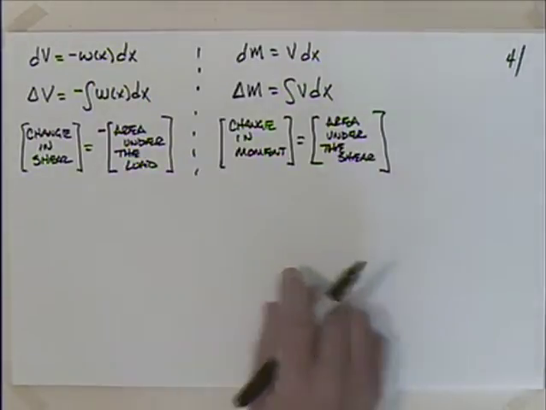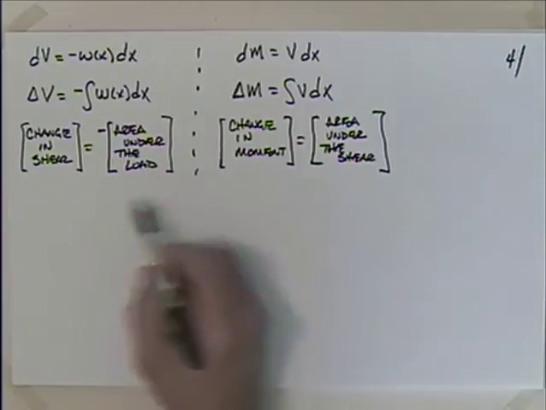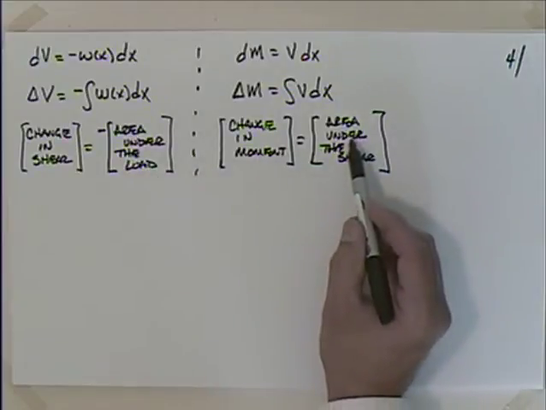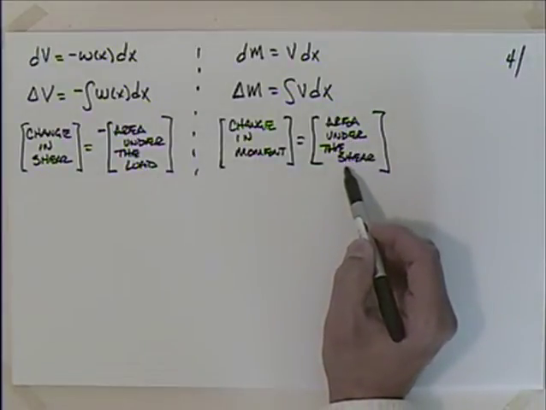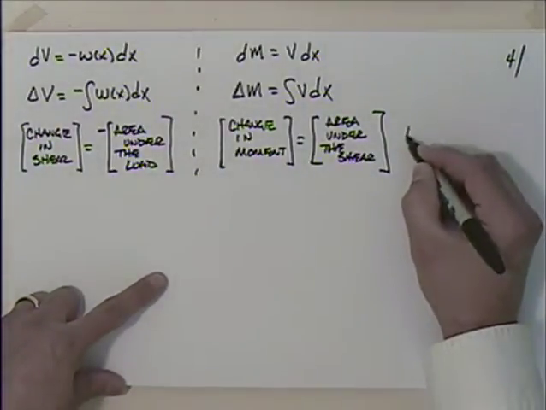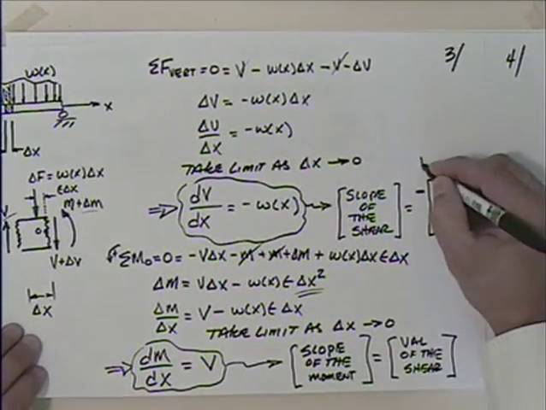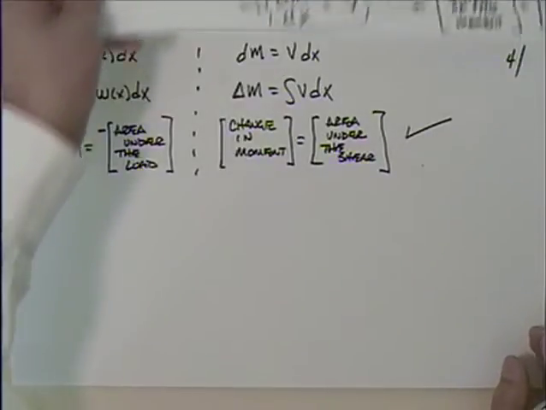So I have that the change in the shear is equal to minus the area under the load, and that the change in the moment is equal to the area under the shear. Okay, so between these and these, we should be able to draw the diagram much quicker.